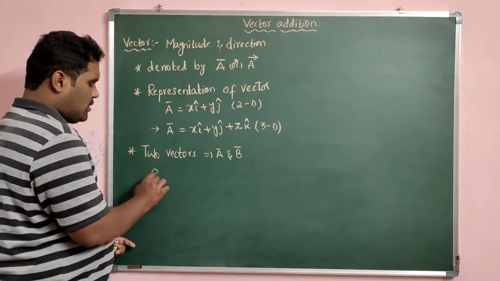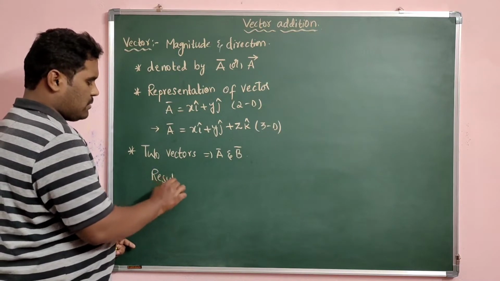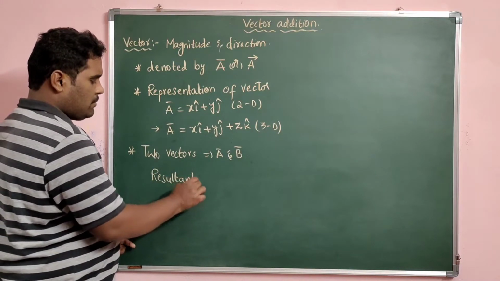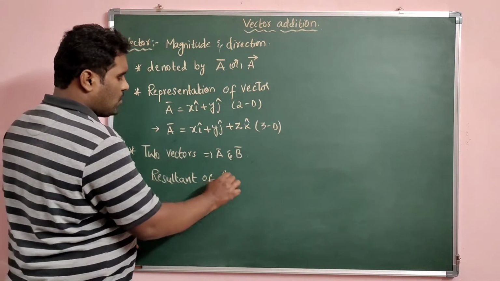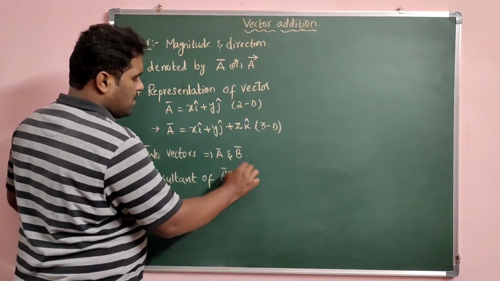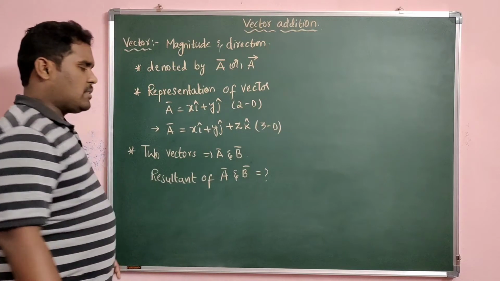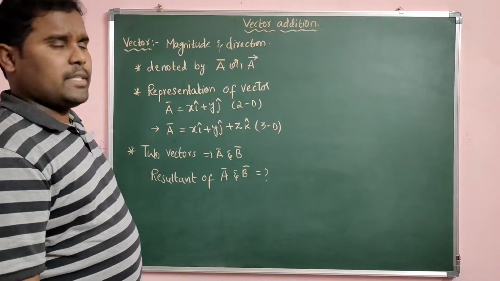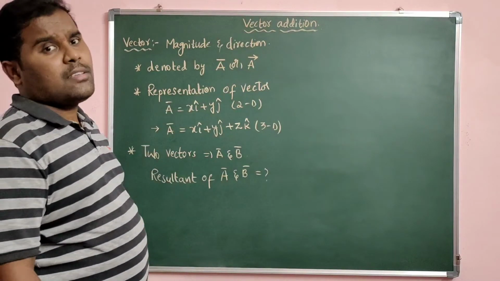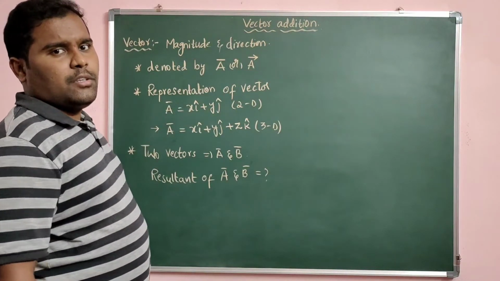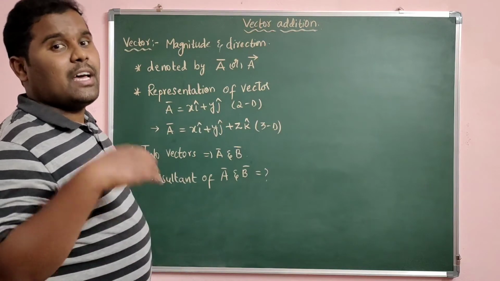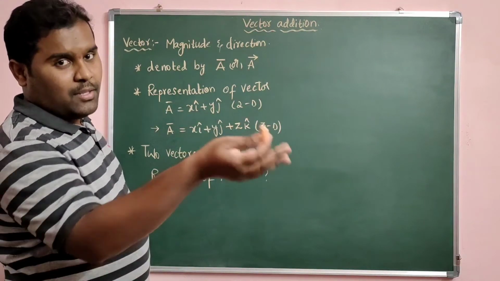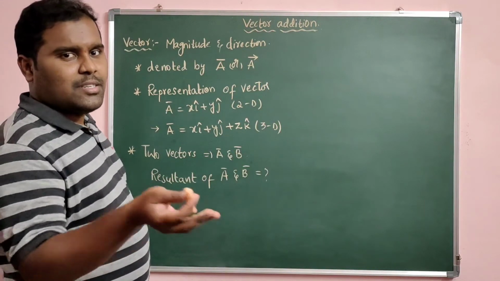So how do we calculate the resultant of these two vectors? That's why I named it vector addition. In that addition we can add a positive vector and a negative vector, which results in subtraction of a vector.